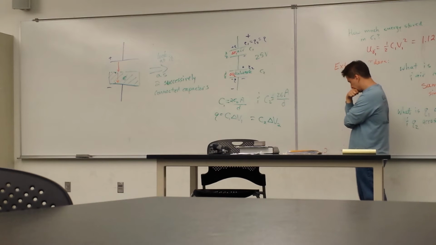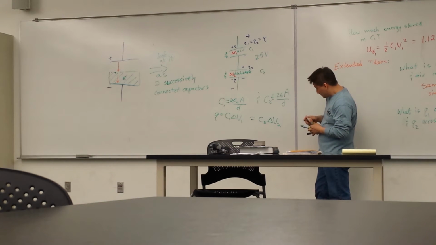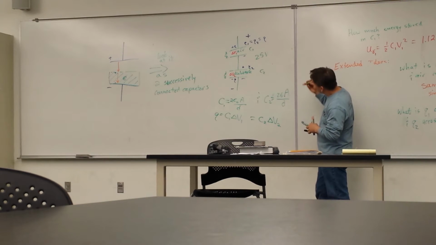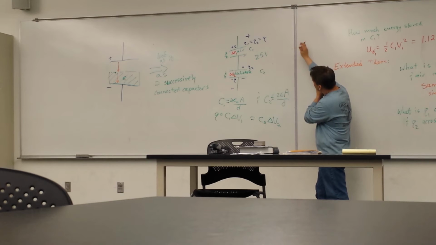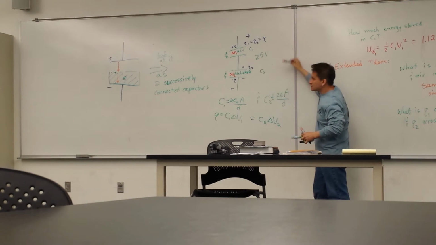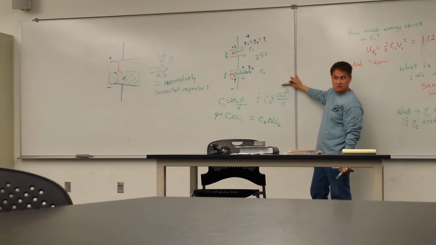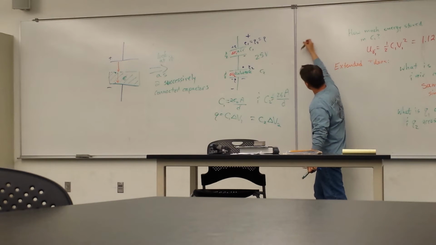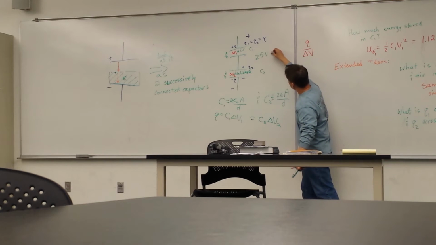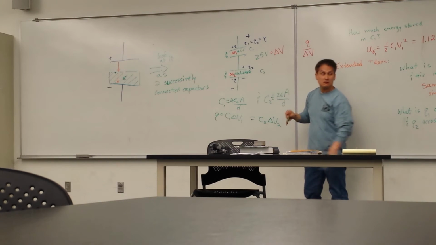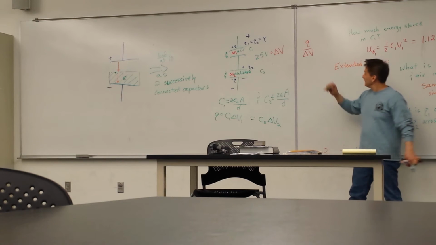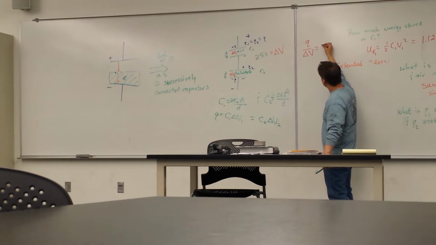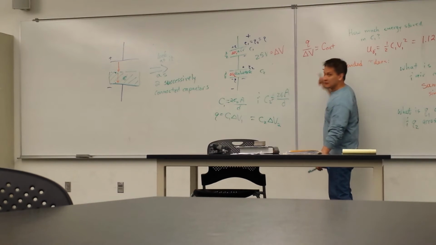How about this? We might say that across the entire piece, the ratio of Q to the total delta V should be representative of some net capacitance.